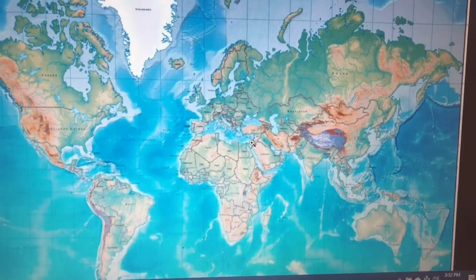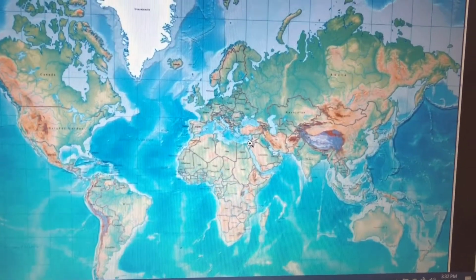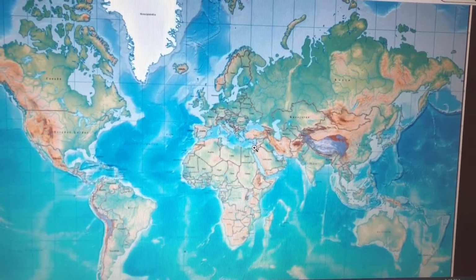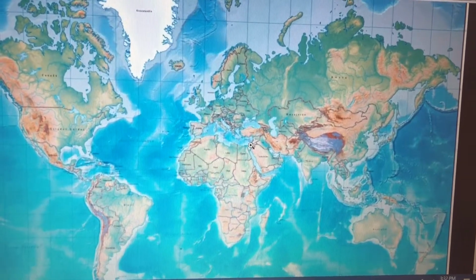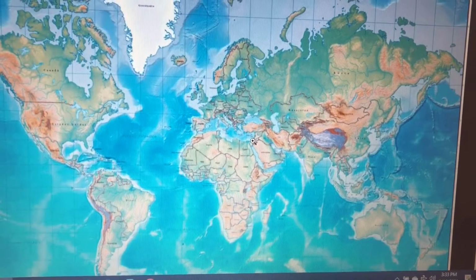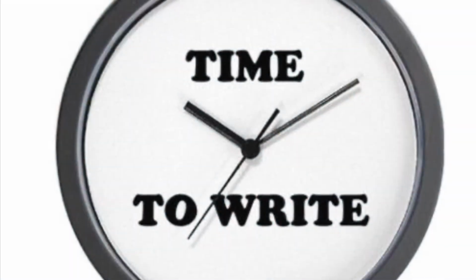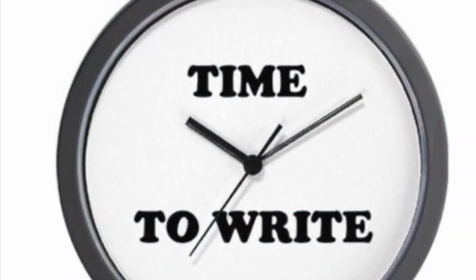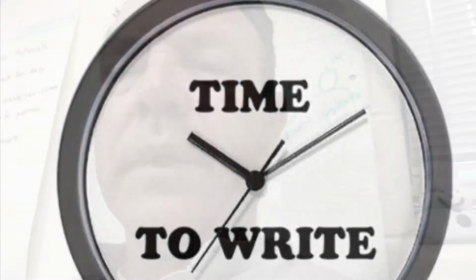You can write anything. Things that you see. Go ahead and write down what you notice when you're looking at this map of our planet. So let's share some of those things that we noticed.